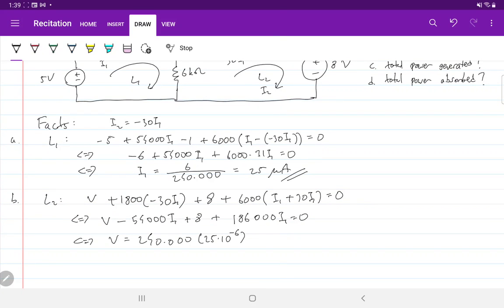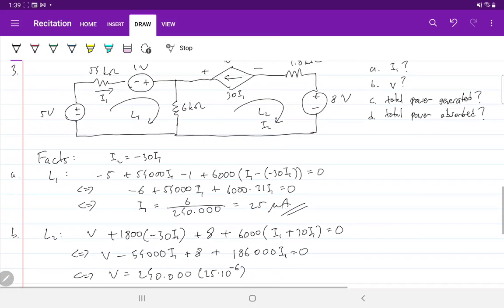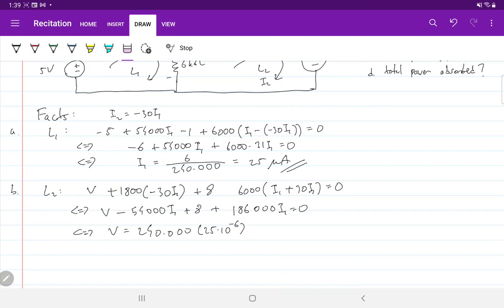Oh, I apologize, I just made a mistake here. We have that plus sign here, because the current is flowing in that direction, so we have plus minus there. But for the second loop, it has minus first, so this should be minus.